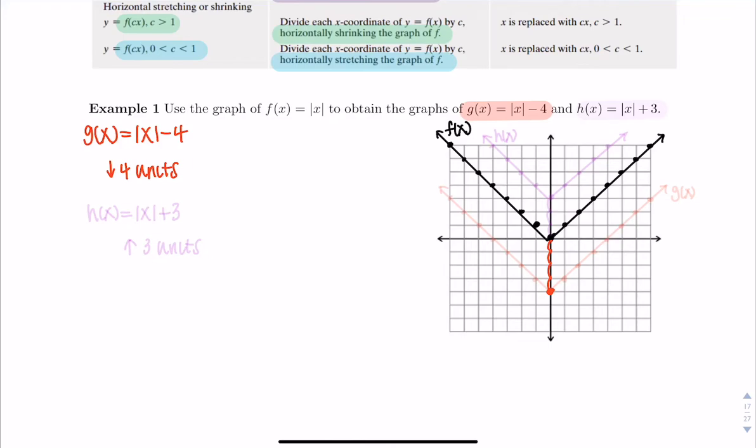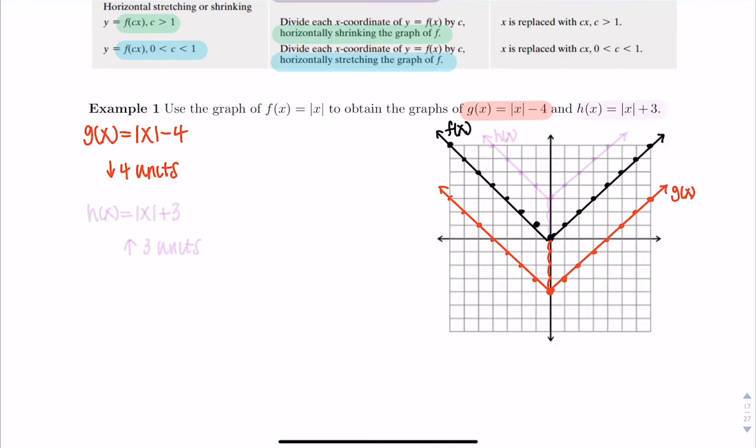And you'll do this with every single point. Our new graph looks something like this. All we did was shift the original graph down 4 units. And this is g of x.